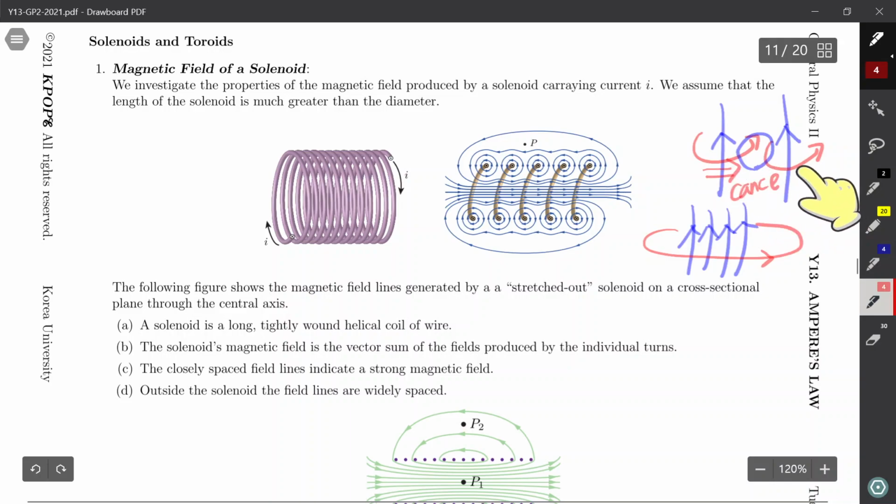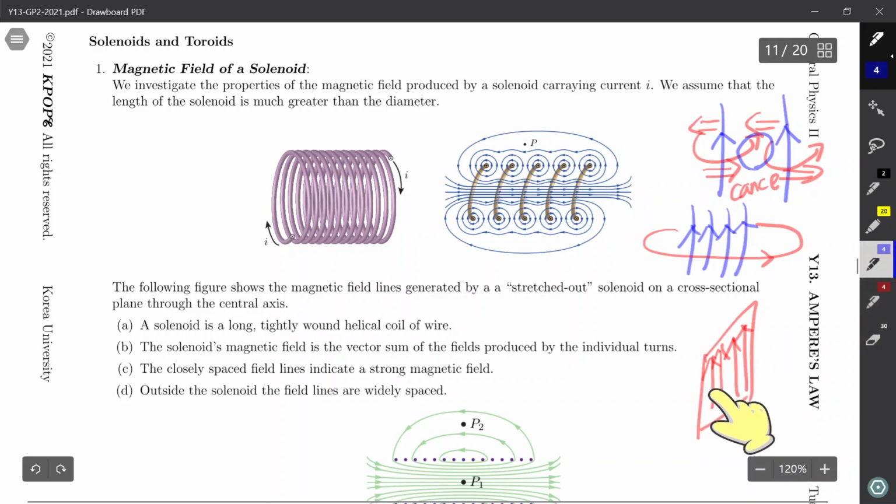Outside they are parallel, inside they are parallel. So if there is some current flowing this way, the magnetic field is something like that.